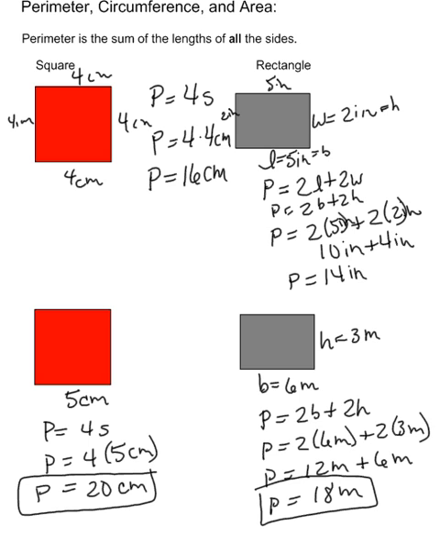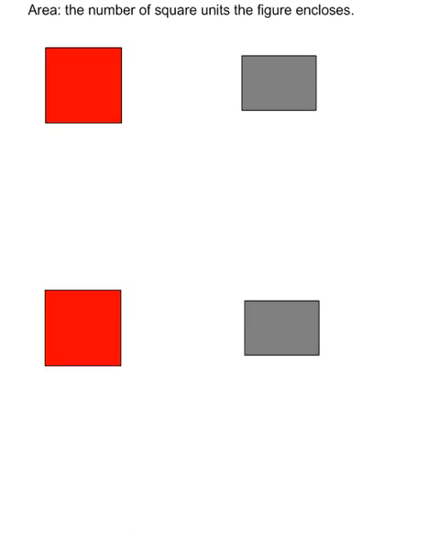Now let's talk about area. The area is the number of square units the figure encloses. So if we call this square again, if I told you that the side was 3 inches, and the area formula for a square is the side squared, then that means if this side is 3 inches, then this side is also 3 inches, right?